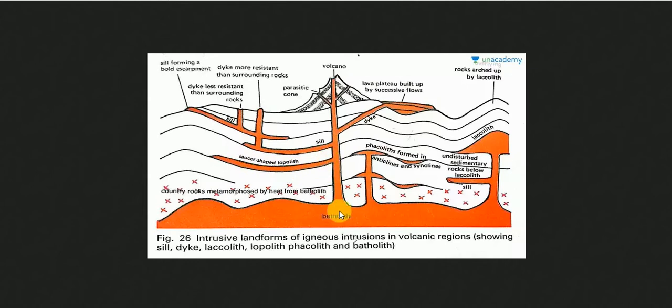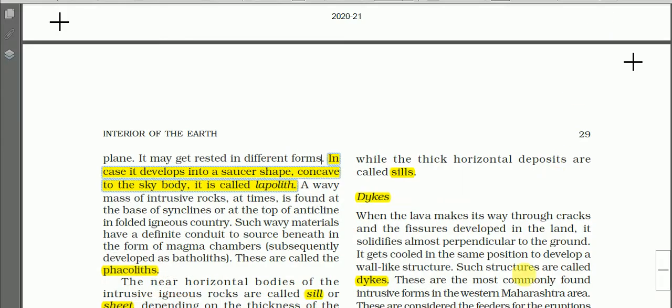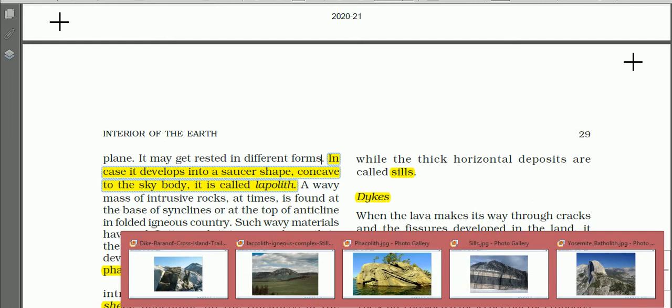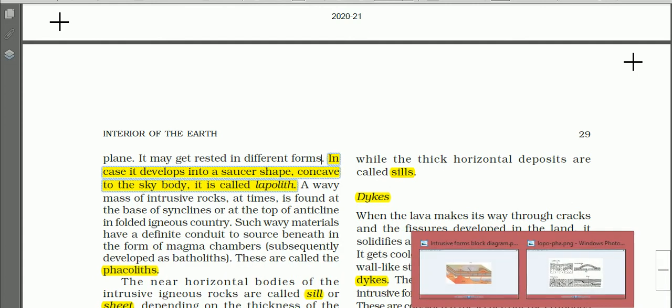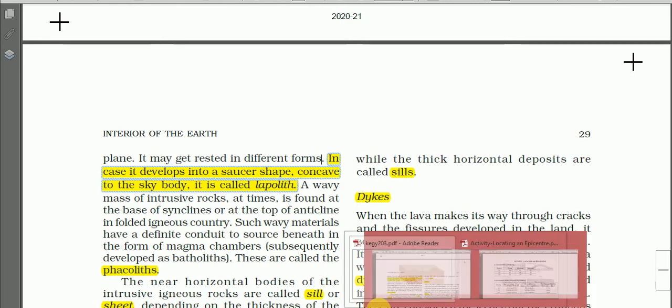So this is the main conduit, and it is intruded horizontally, taking the shape of a saucer concave to the sky, and this is known as a Lapolith. We don't have photographs of this Lapolith. Okay, so let us continue.